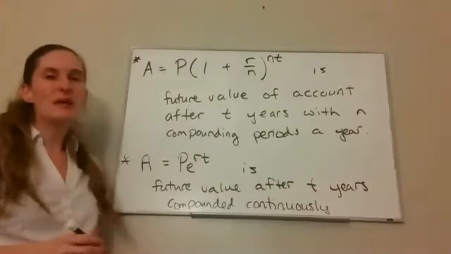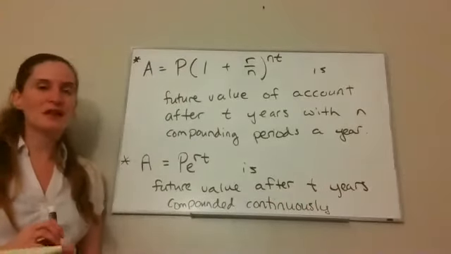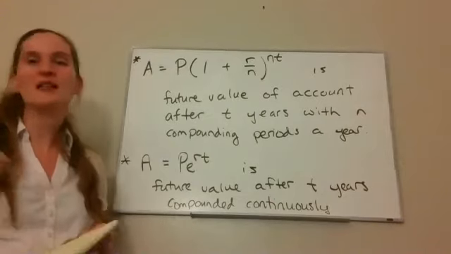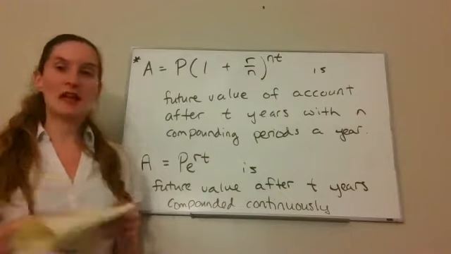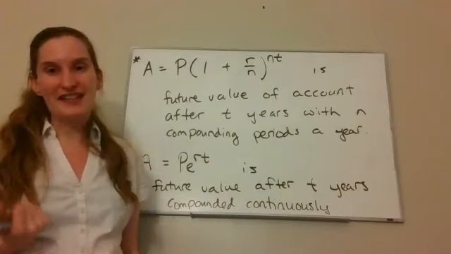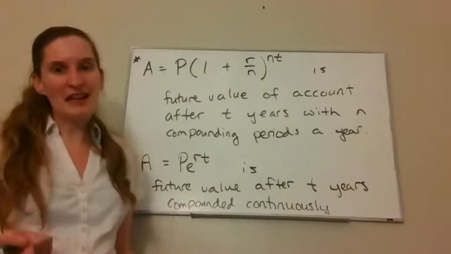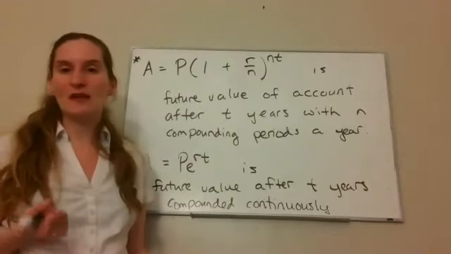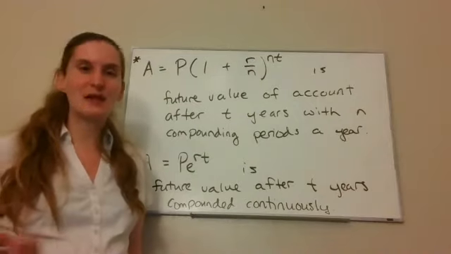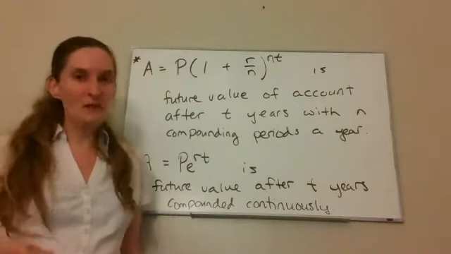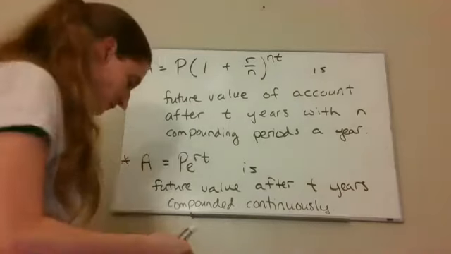So when you see compounded continuously, the way you can think of that in your head is it's compounded infinitely many times a year. So rather than compounding it every month or even every day or even every second, it's being compounded way more than that. As soon as it's calculated, it's already out of date again. So compounded continuously is infinitely many times a year.